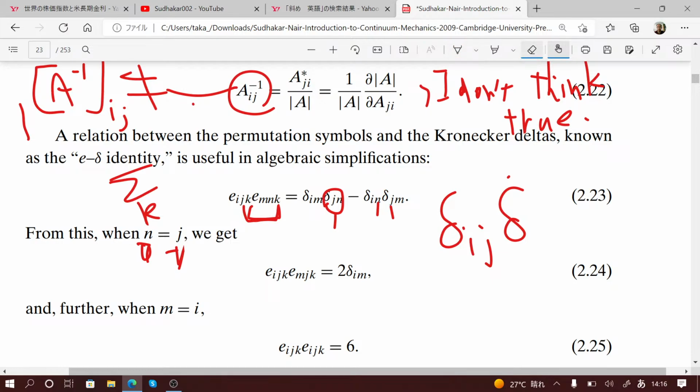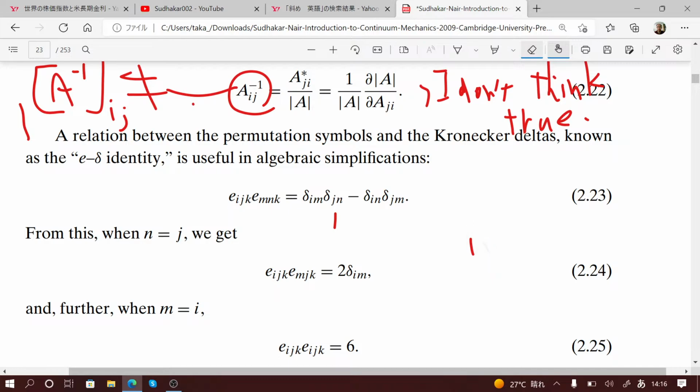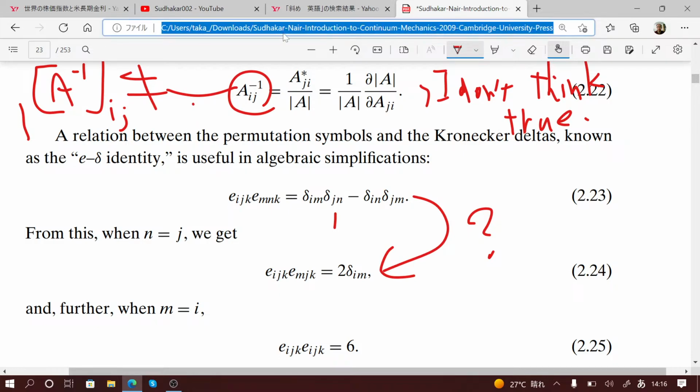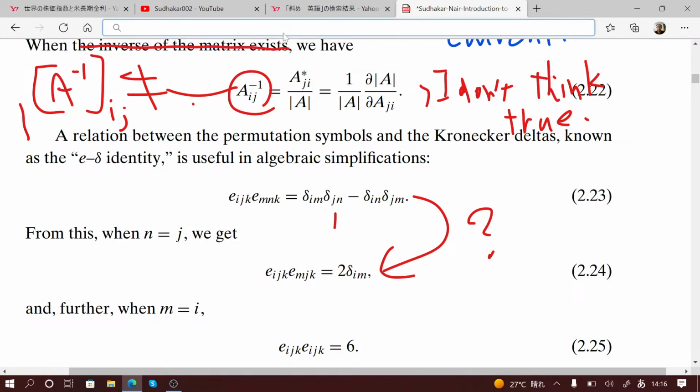So let's consider this part next time. I will consider this next time. Here to here, I got confused. So only page 23. So I go to page 23. So we continue.